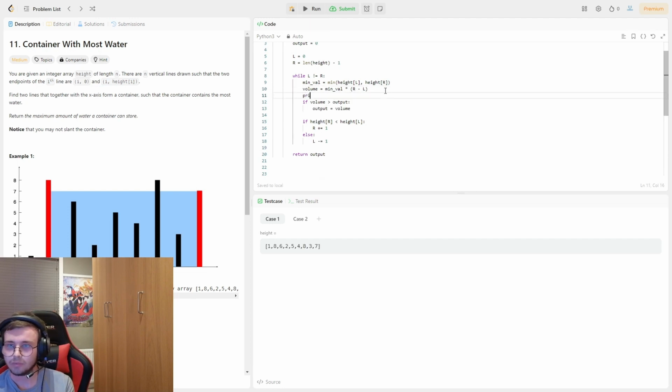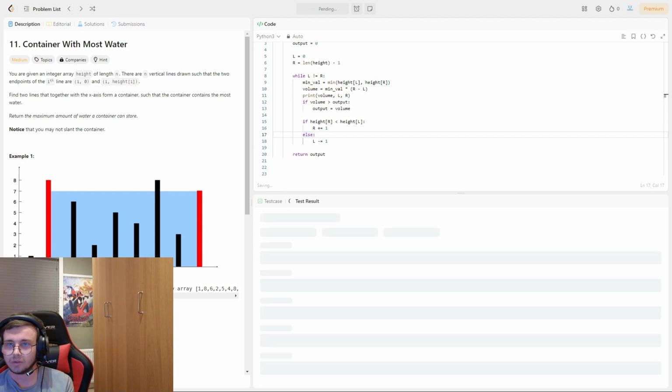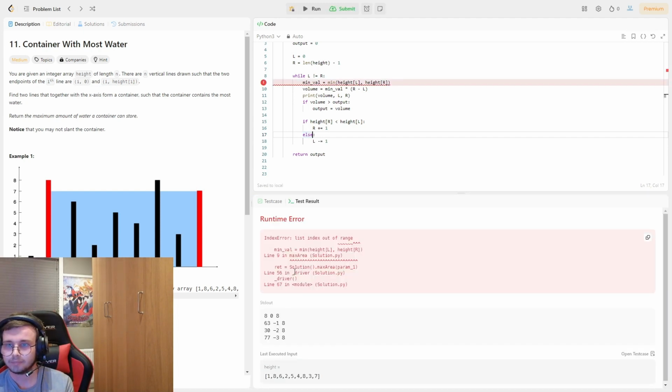I'm also going to print the volume at each step. Print volume, L and R, just to help us debug, because I don't think this is going to work straight away. Index out of range.